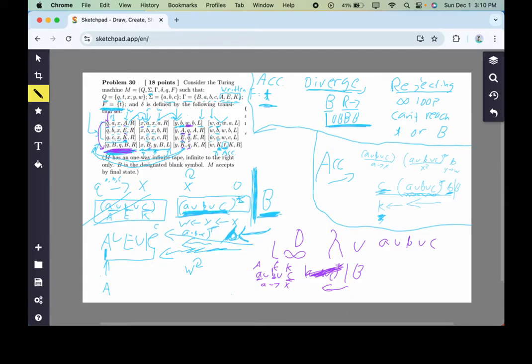That capital letter is like a teleporter that teleports me back home and brings me back to this state right here. Because of that, my final regex will be this: lambda or A or B or C. Diverges are usually a little simpler because there's usually fewer cases to keep in mind.